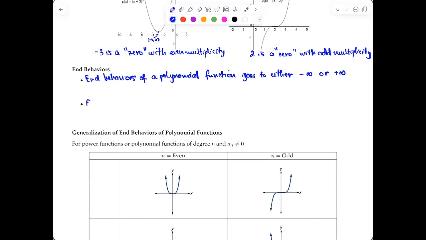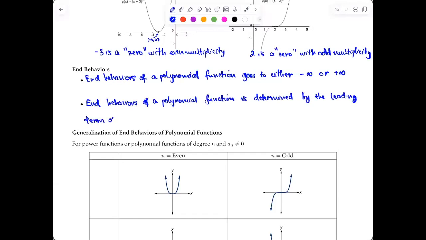And the end behavior of a polynomial function is determined by the leading term of the function.